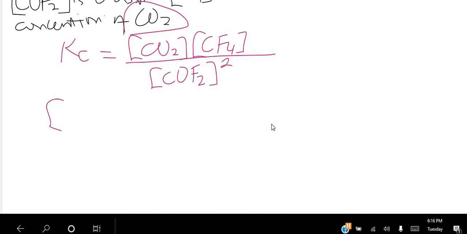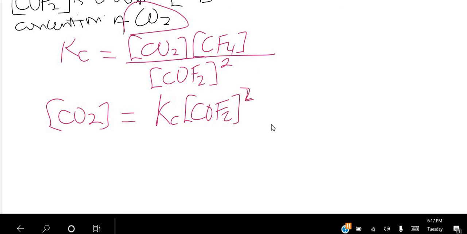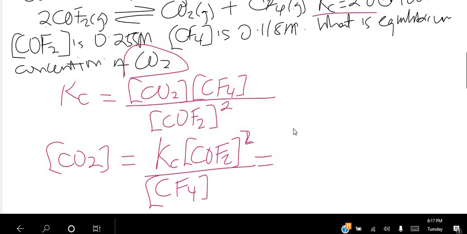So we can say the CO2 concentration is going to be Kc times COF2 squared over CF4. So we can plug in all those values that we have here.